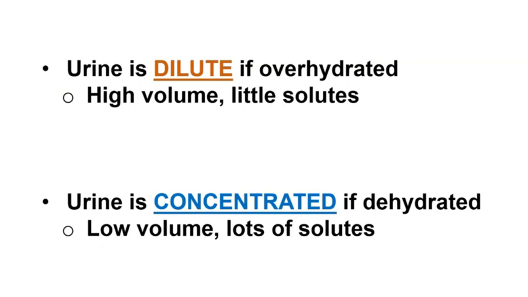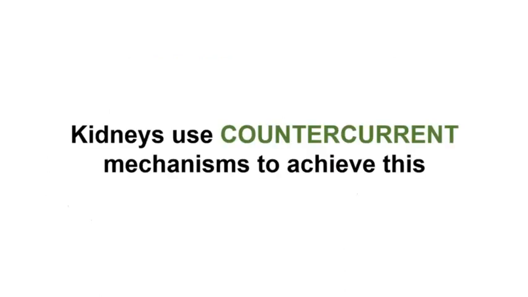So how does the kidney accomplish these two different tasks of producing both dilute urine if we're overhydrated and concentrated urine if we're dehydrated? The way that the kidney goes about this physiologically is it uses what's called a countercurrent mechanism to produce dilute or concentrated urine depending on the situation that we are in.